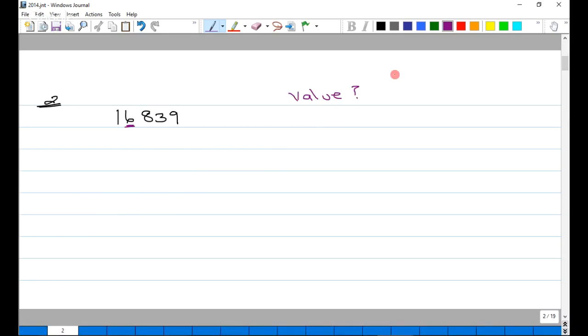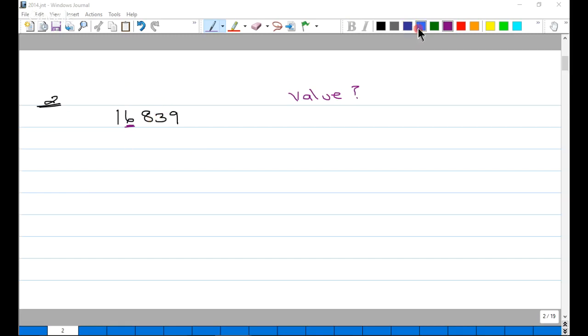Okay, so what is the value of the underlined digit there? Sir, that would be hundreds. No, that would be the thousands. Okay. So the value of the 6 is what? Thousands. Sir, because it would have been read 16,839. Okay, good.